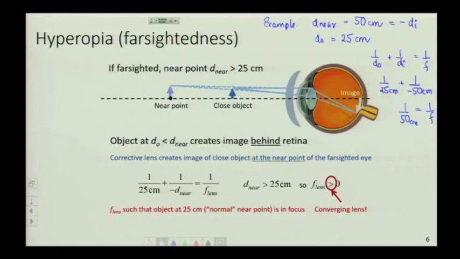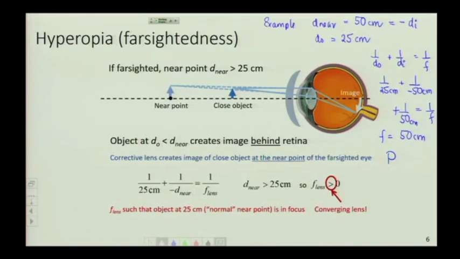So I get two important things from this. One, the focal length is positive, so I need a converging lens. Two, I know the focal distance is 50 centimeters, so f is equal to 50 centimeters. What is the refractive power of this lens? To get refractive power, you should change that to meters.